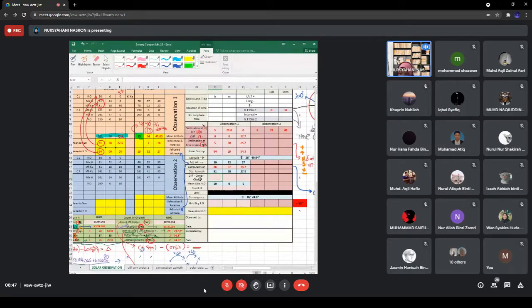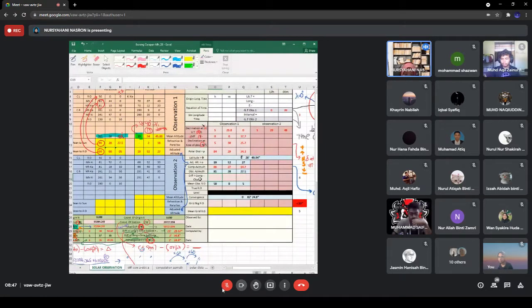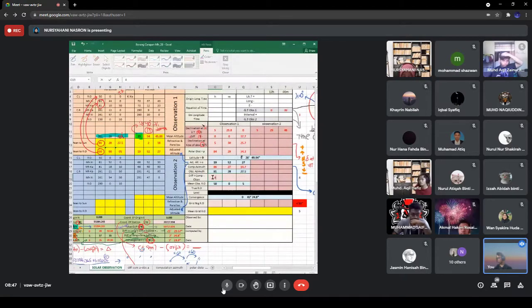Okay, please turn on your camera, please. So do a calculation. After minus, what is the answer for the difference? 47.2 seconds. Okay, this is a positive difference.